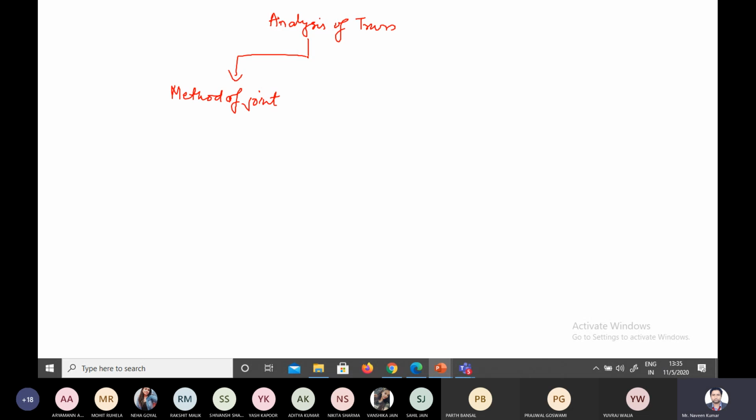Method of joint, method of section, and the third is graphical method.